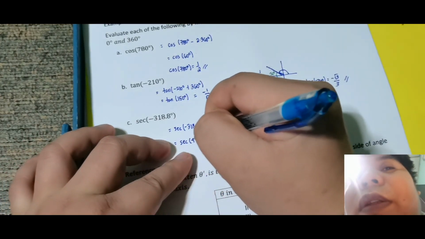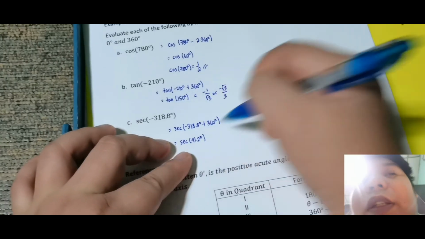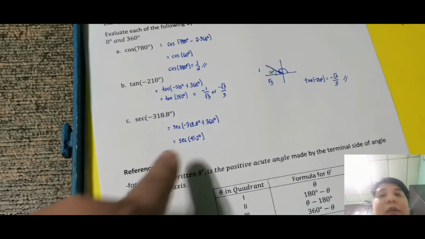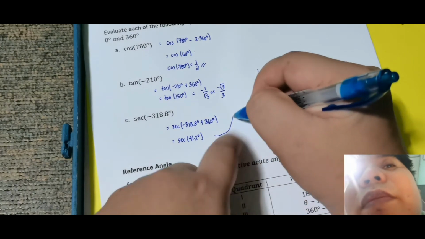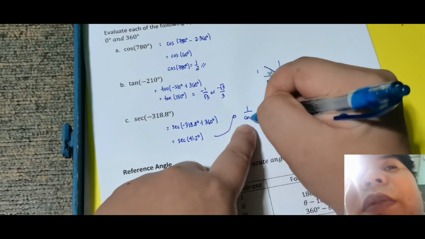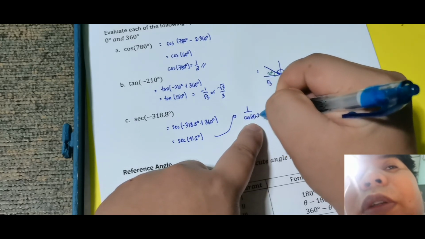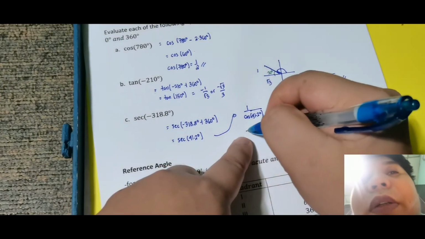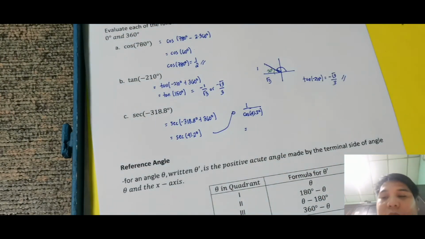So this is simply equal sa secant ng 41.2 degrees. Ngayon, ang problema, wala sa calcu na secant. Pero pwede kong i-express as 1 over cosine ng 41.2 degrees. So in terms of calcu, gawin mo lang 1 divided by cosine ng 41.2 degrees.